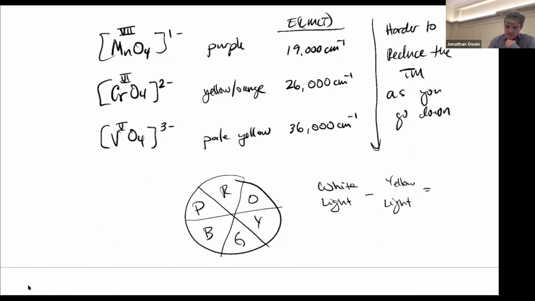You can just look here. These two guys are across from each other. So if you subtract yellow light, you're going to be left with purple. So purple compounds absorb yellow, which is a low energy, or red, which is a low energy photon.